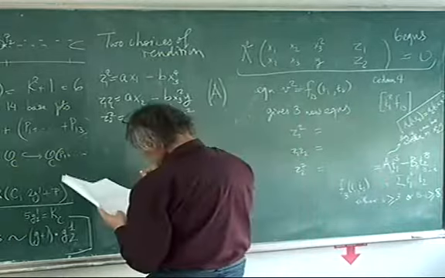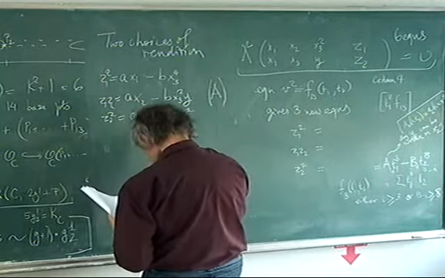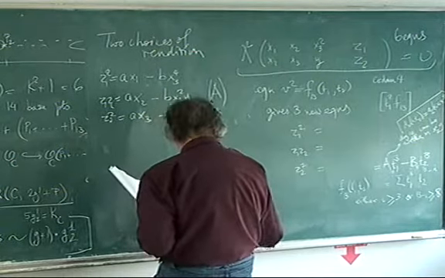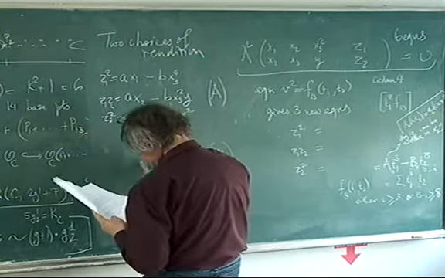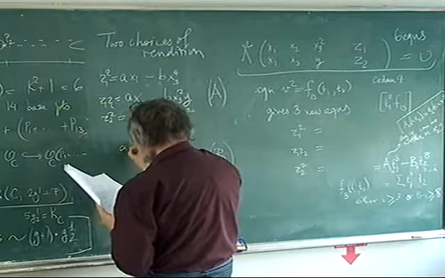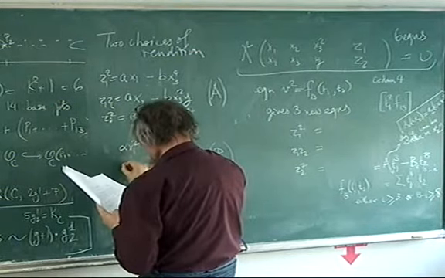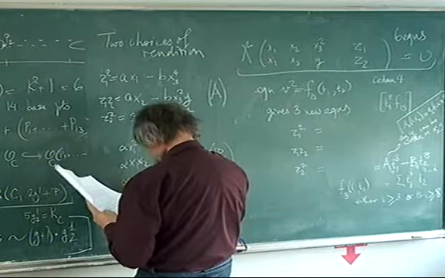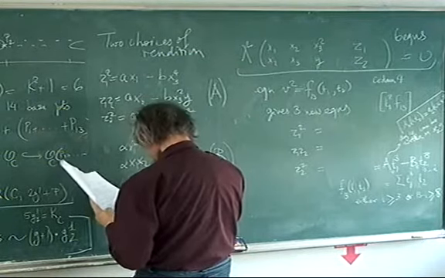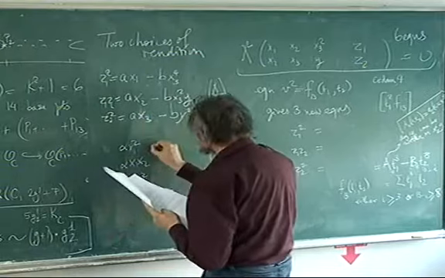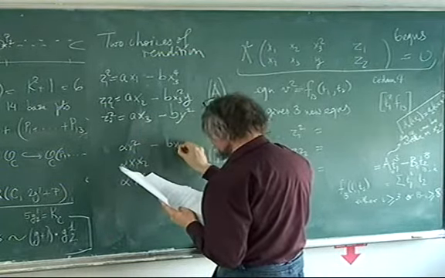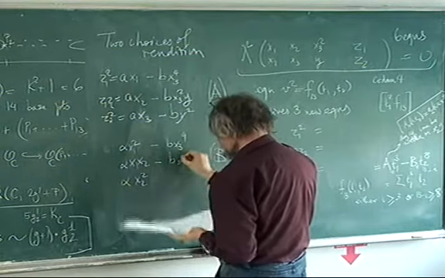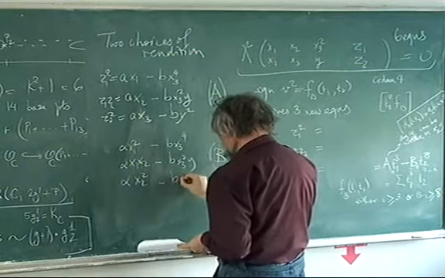Right? And then there's another choice called B. And here I write alpha x1 squared, alpha times x1, x2, and alpha x2 squared minus b x3 to the 4th, minus b x3 squared y, minus b y squared.